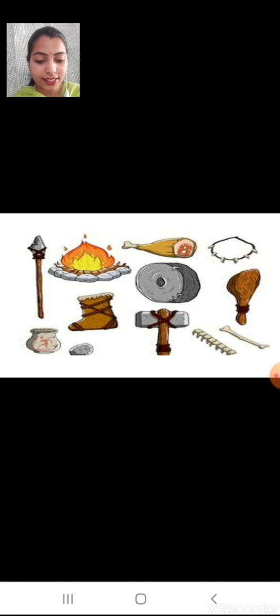Early man. Yes, very correct. Early man needed all these things in that time. Early man used to produce fire by rubbing rocks. They use rocks. From rocks they make their sharp tools, right?